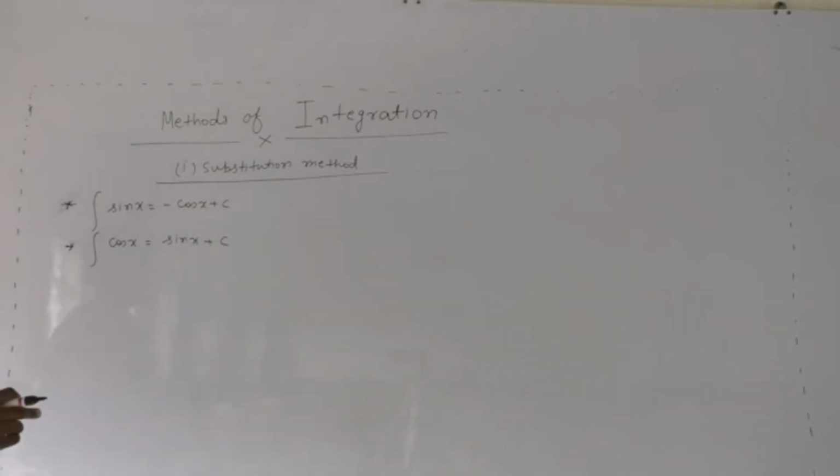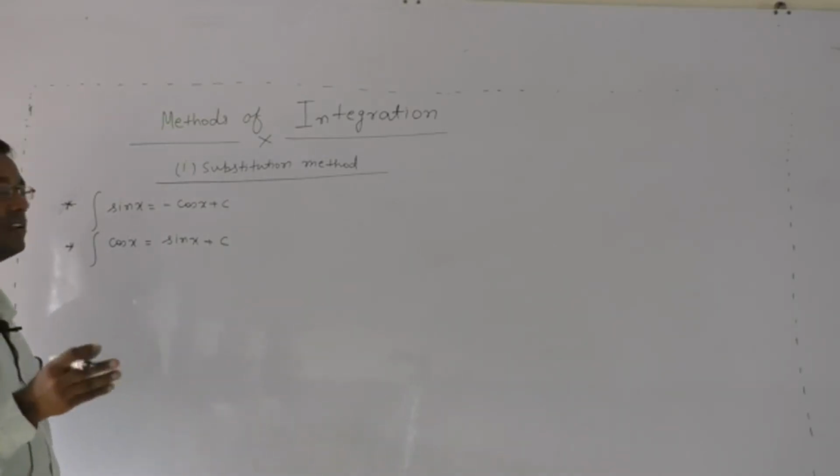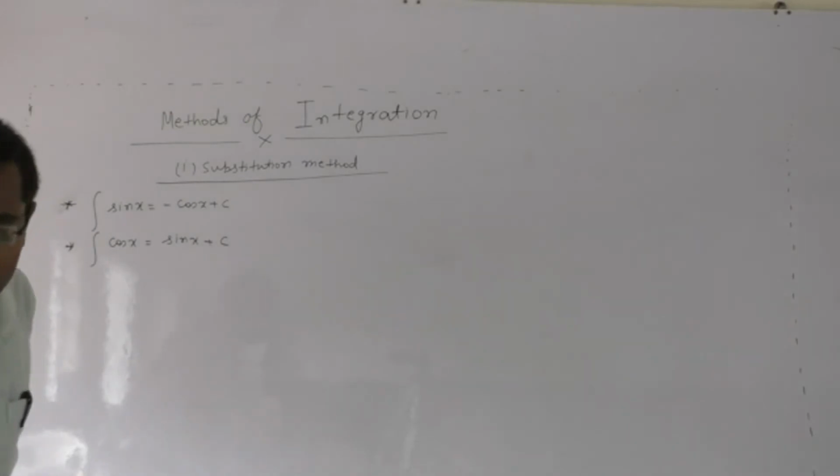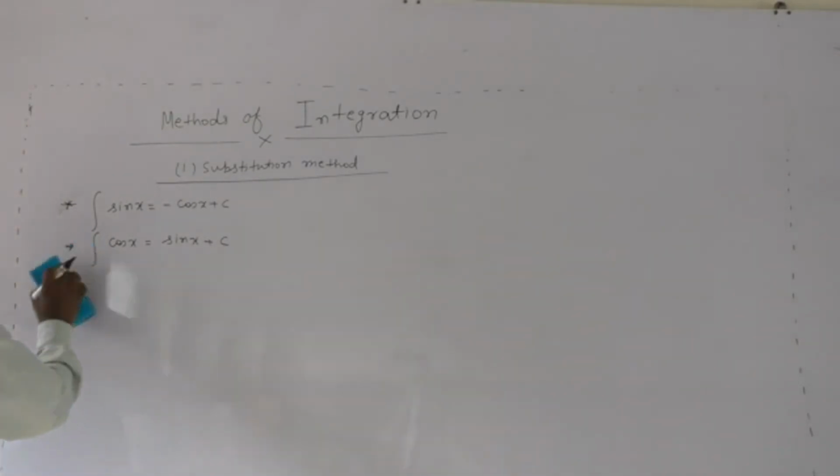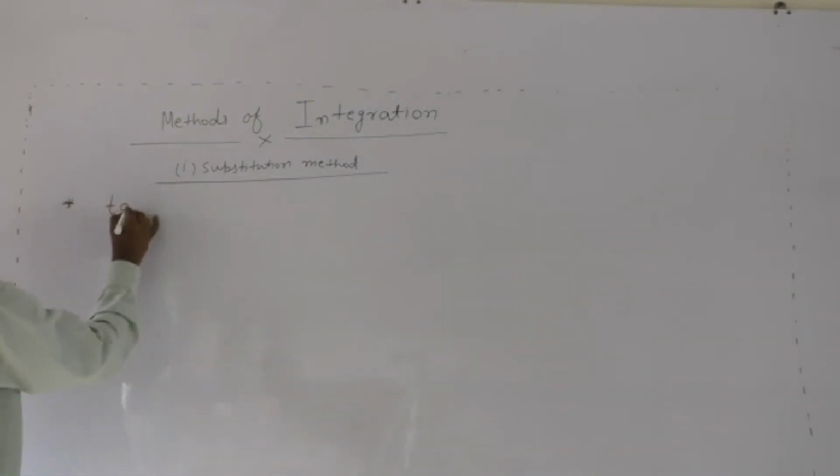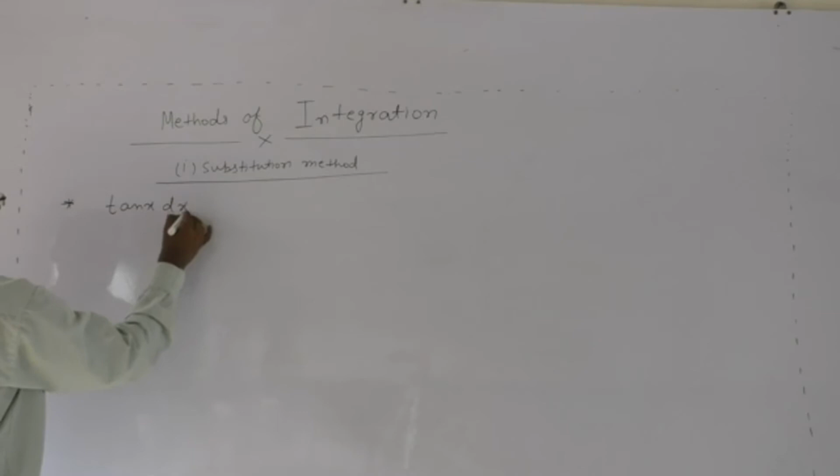We know only these two. Now we will see the integration of all other trigonometrical functions. The first I will take tan x. Tan x dx. Suppose we have to integrate this function.